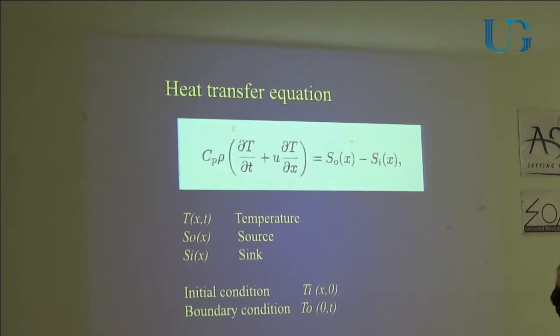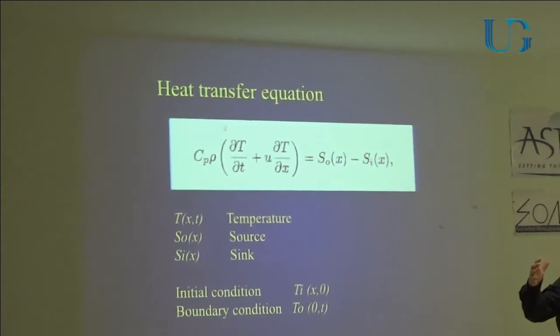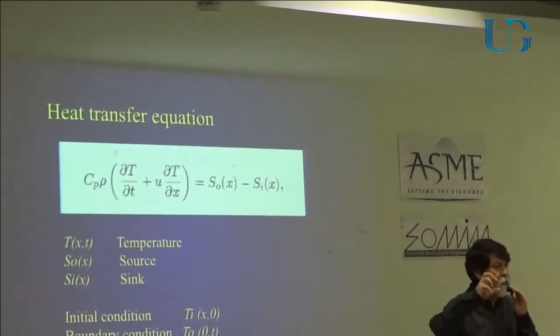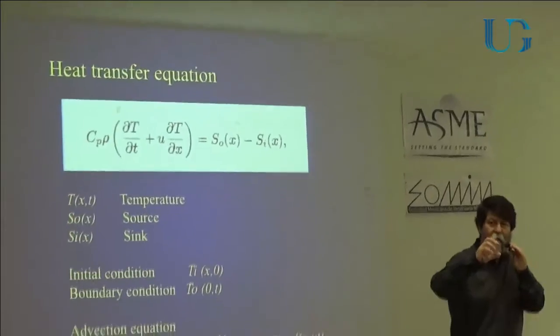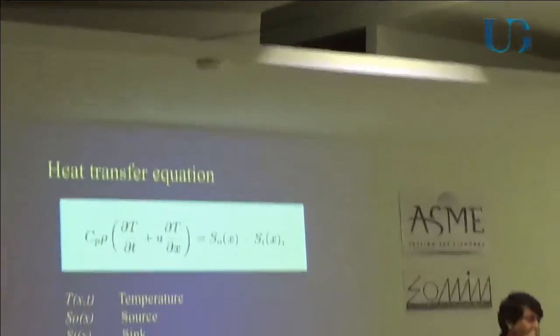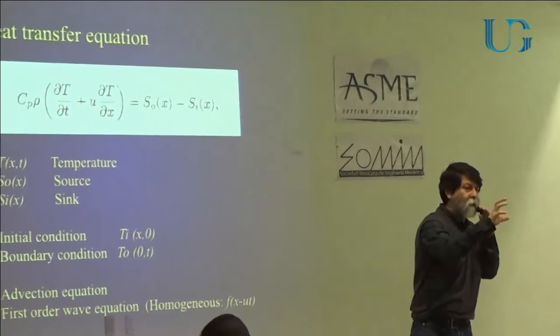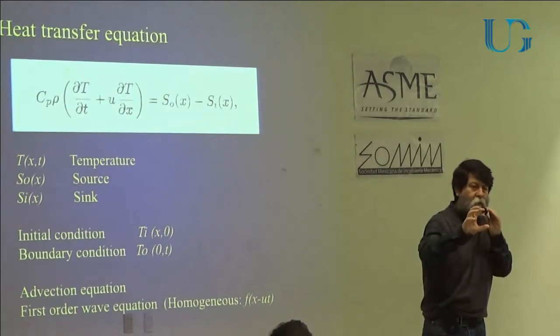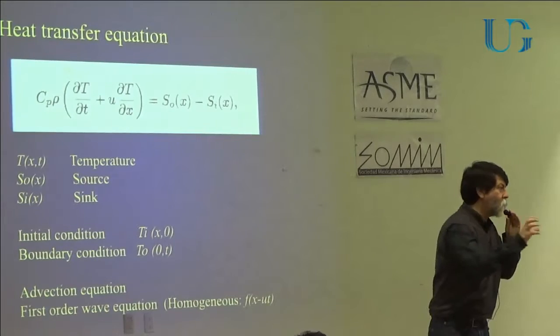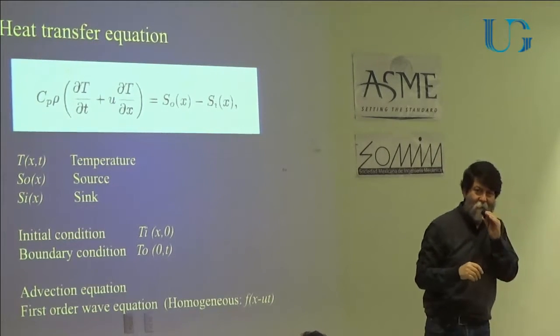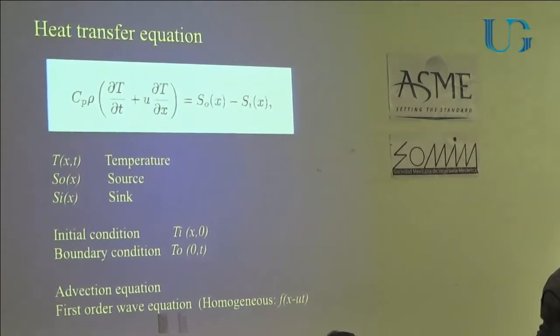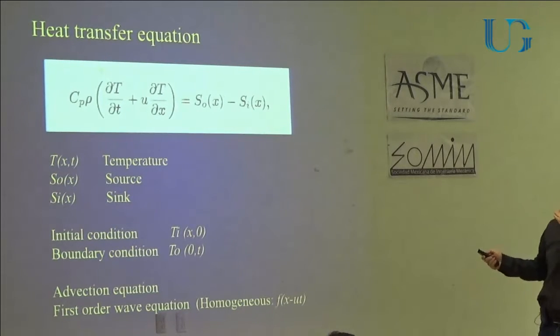Please think of this in this way. I have a system, and I hit it with an internal source. So this is moving, and this internal source is going to move the hot spot away from the system, right? Now, this is not homogeneous, so this is not just a wave that is going to be moved out.